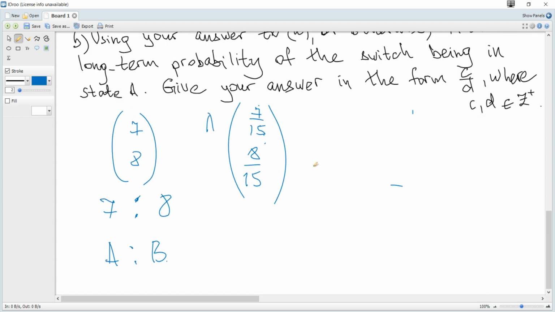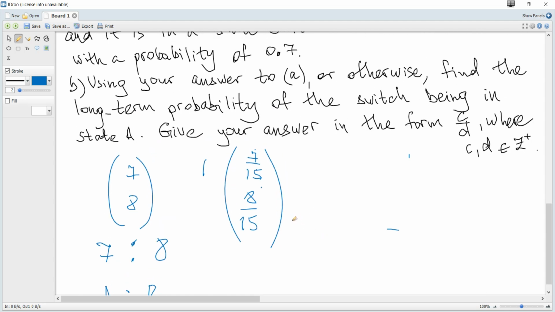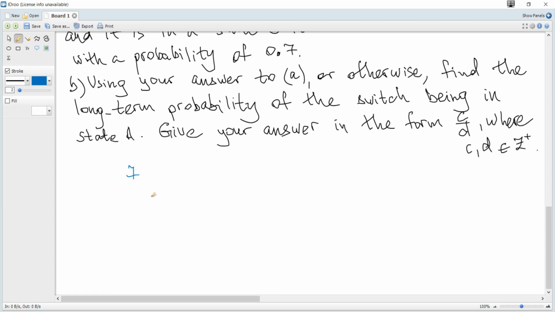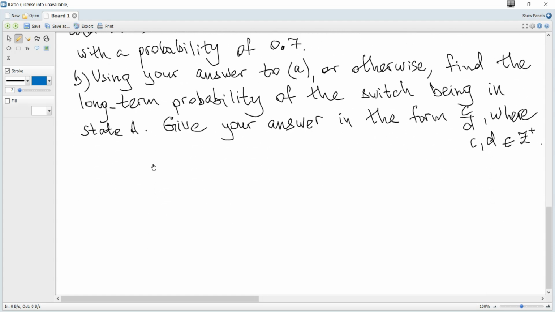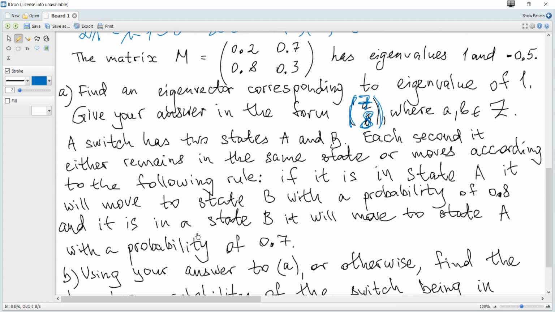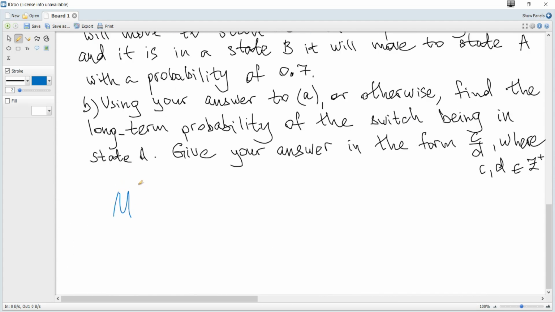Let's consider three other ways to find the steady state vector. Another way is just to consider this transition matrix M raised to a very large power, for example the power of 50, and using a calculator you get the following: 7 over 15, 8 over 15, 7 over 15, 8 over 15.